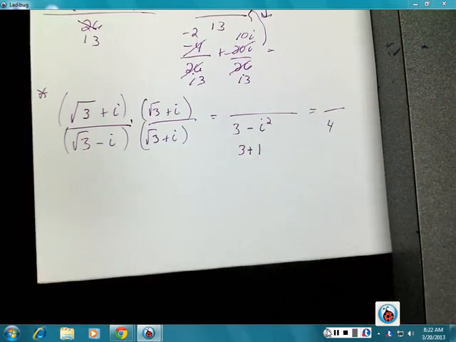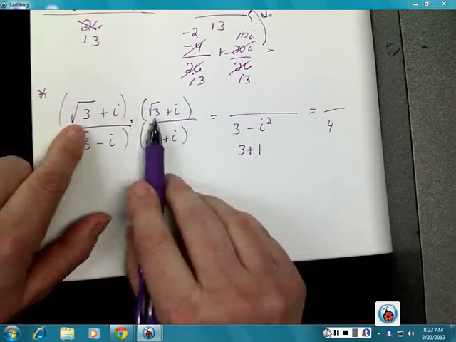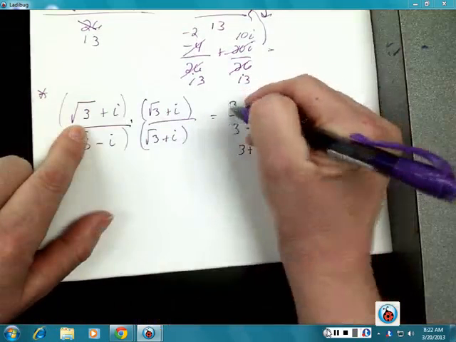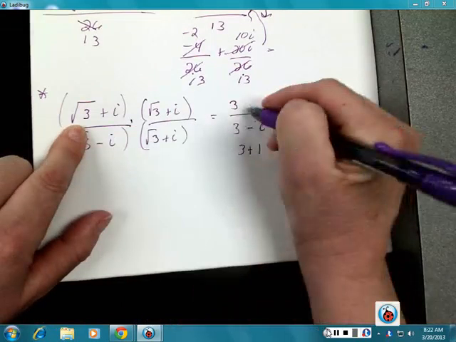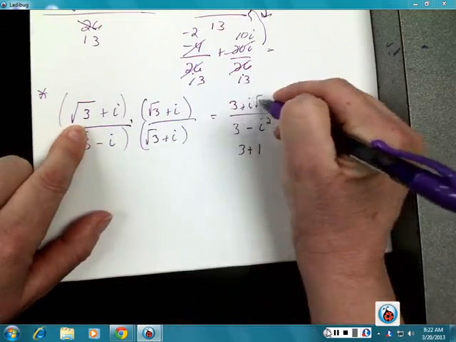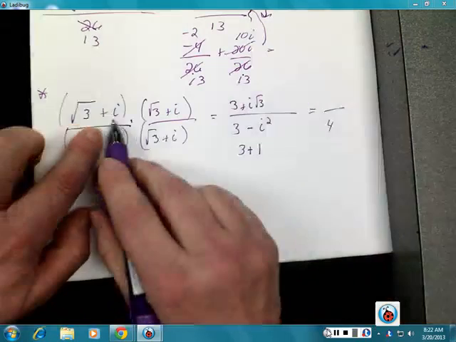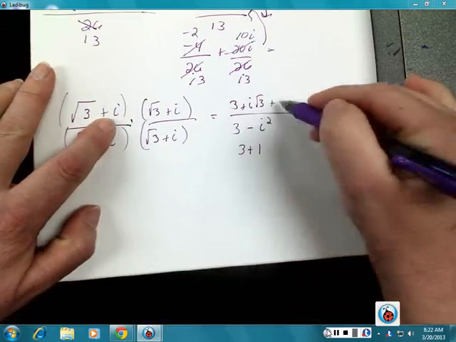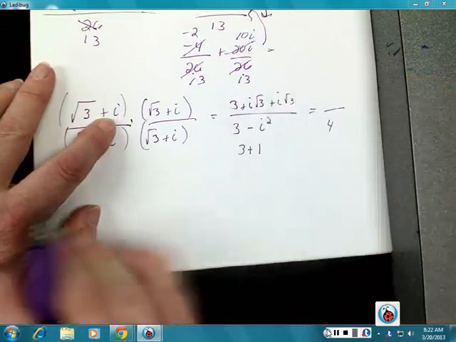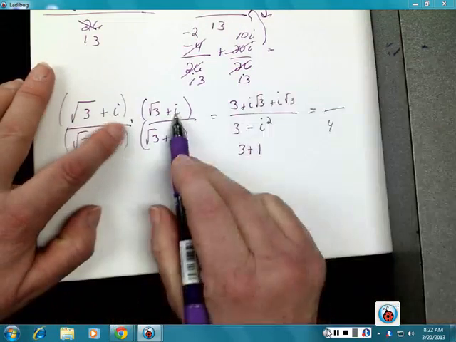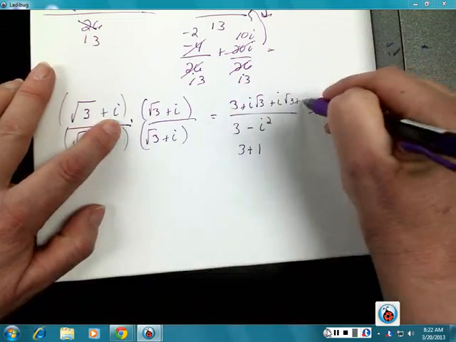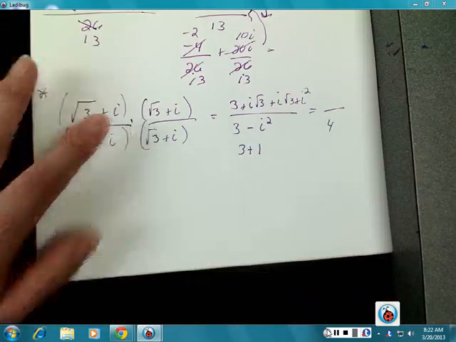So then, FOIL the top. Square root of 3 times square root of 3 is 3. Square root of 3 times i is a plus i, the square root of 3. i times the square root of 3 is another plus i, the square root of 3. And finally, i times i is a positive i squared.